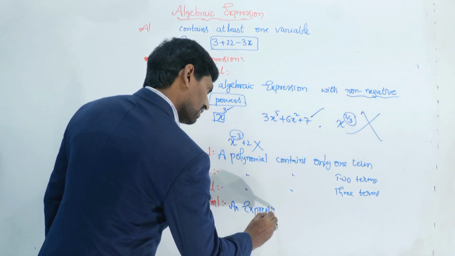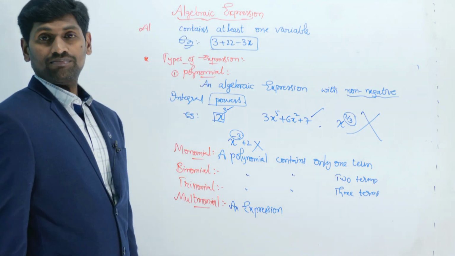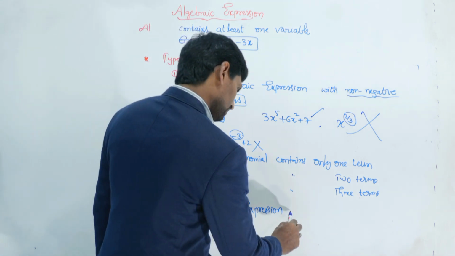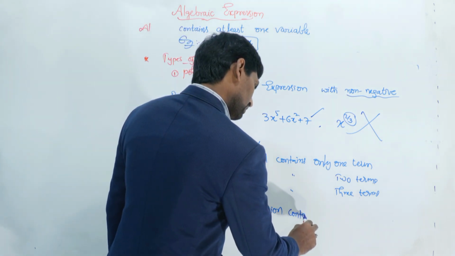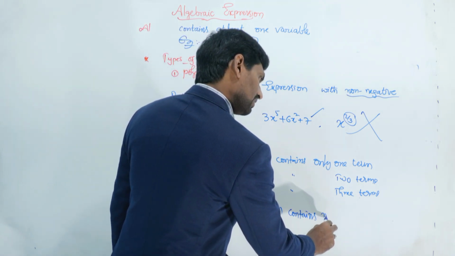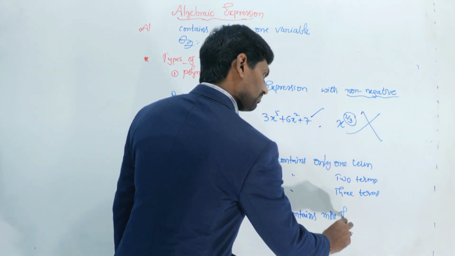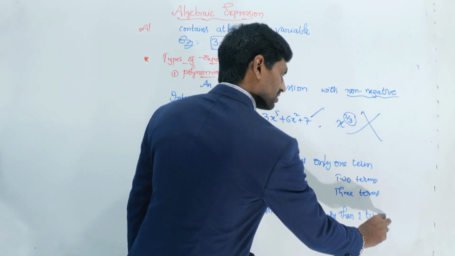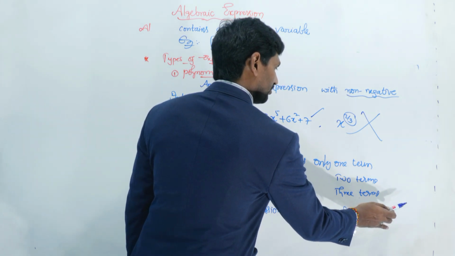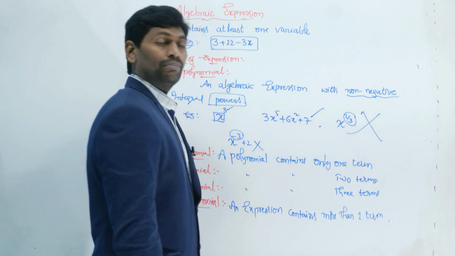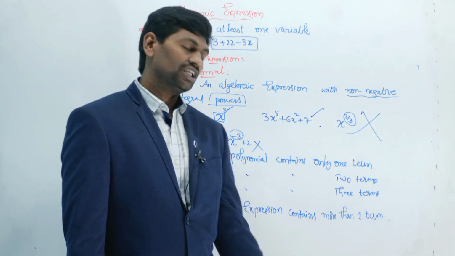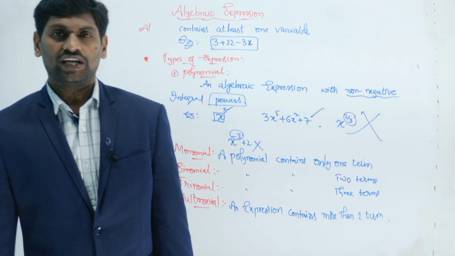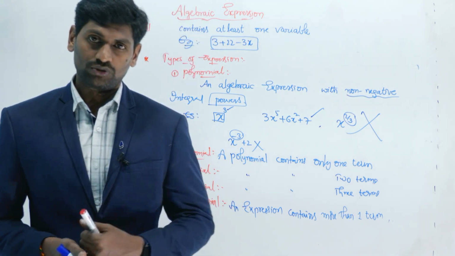An expression containing more than one term. That means two terms, three terms can also be a multinomial. More than one term is multinomial. An expression containing more than one term is multinomial.